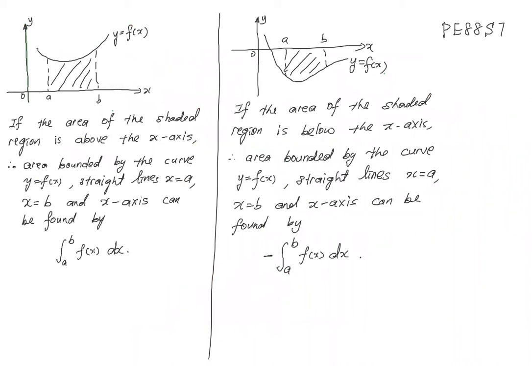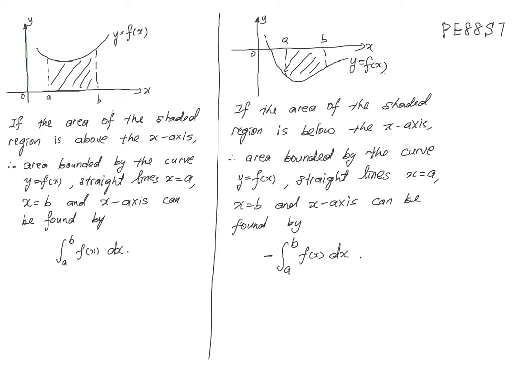All right. If the area is above the x-axis, your definite integral will represent the area. If the area is below the x-axis, then if I want to find the area bounded by the curve, so what should I do? Why do I need to put a negative there?